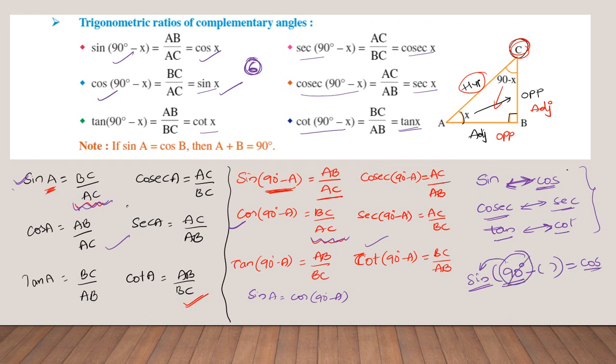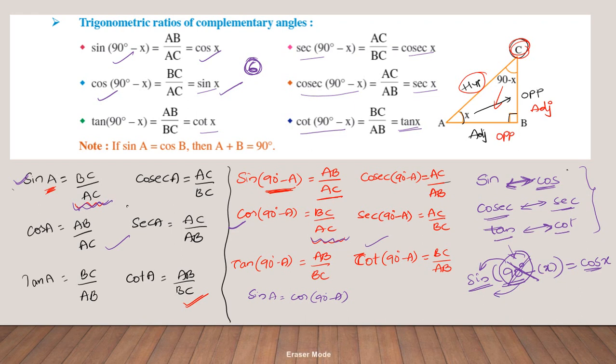So in the resulting answer you won't get this 90. If this is x, then you can write cos x. So the 90 has that power to change it, and the changes occur in a particular way: sin will be changed as cos and cos will be changed as sin.